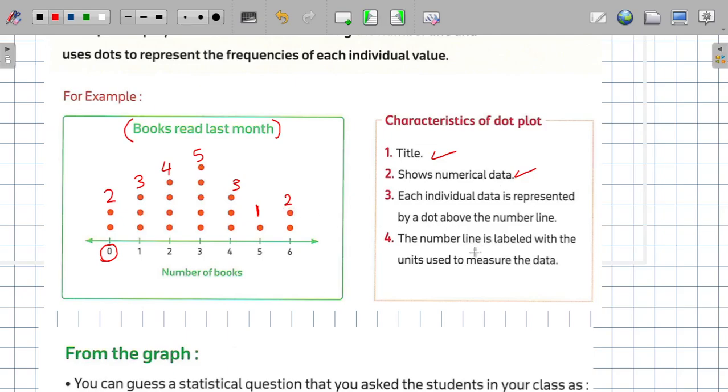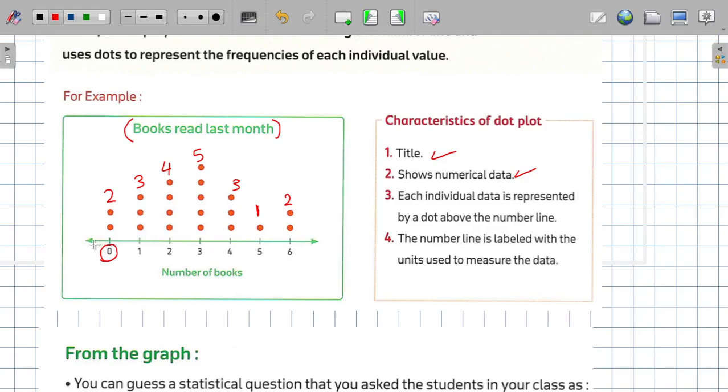Okay? And after that, the number line is labeled with the units used to measure data. So here I use the number of books. So I have 0 books, 1 book, 2 books, 3 books, 4 books, 5 books, 6 books, and the distances are equal here.